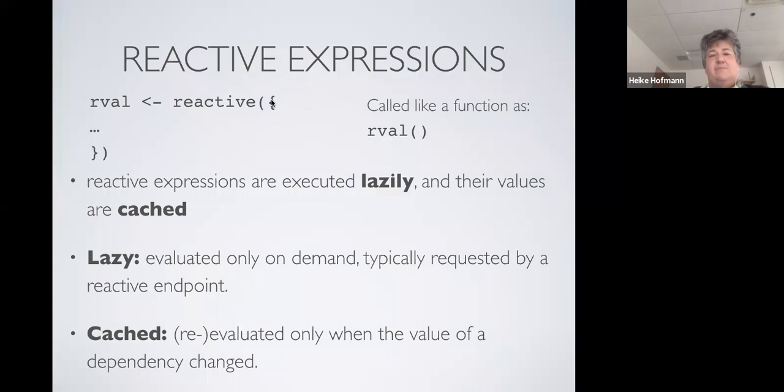We've got an expression enveloped between those curly brackets, and we store this in this reactive value. Reactive values are then called in other outputs using their name, followed by opening and closing parentheses. So they really look like a function.